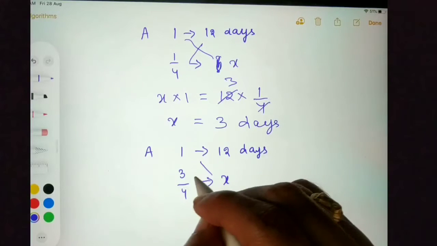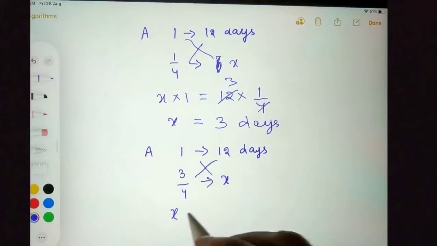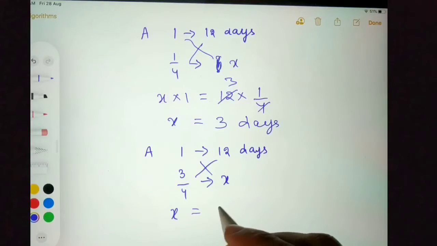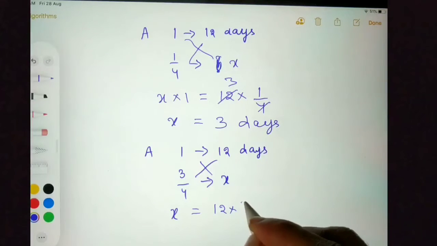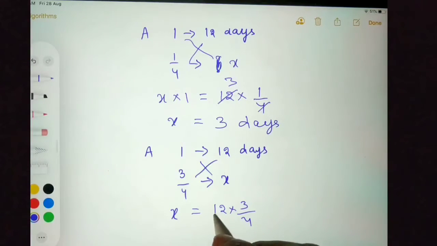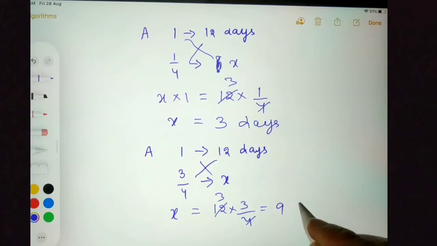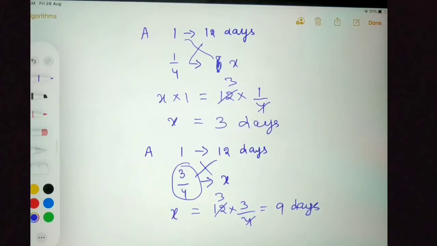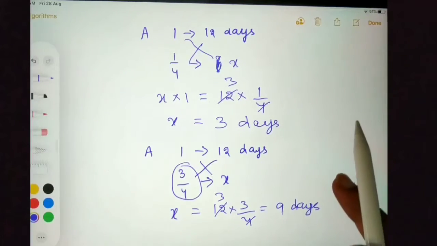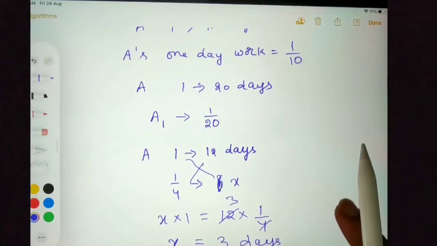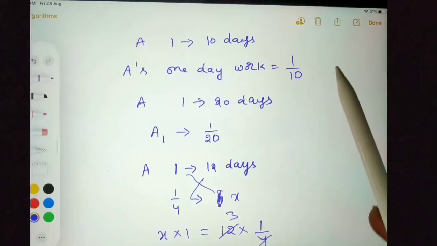Then we will do cross multiplication. x into 1 is x is equal to 12 into 3 by 4. So 12 divided by 4 is 3, and 3 into 3 is 9. Total 9 days it will take to complete 3 by 4th of work. So these are all very important things to know before we move on to time and work.